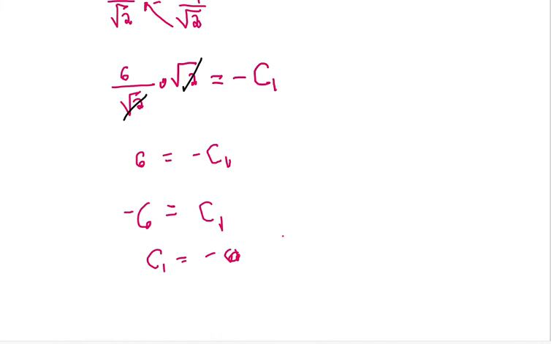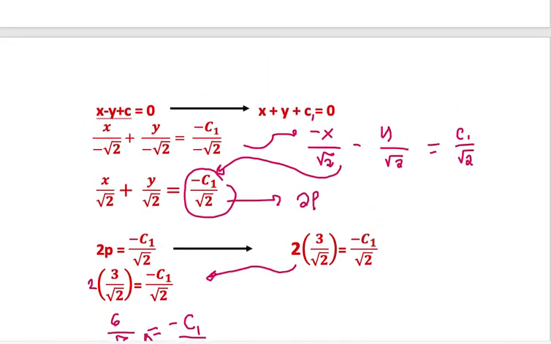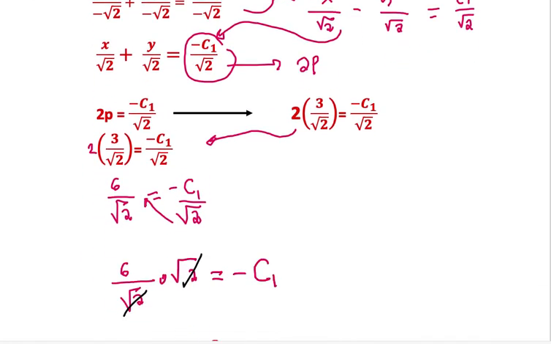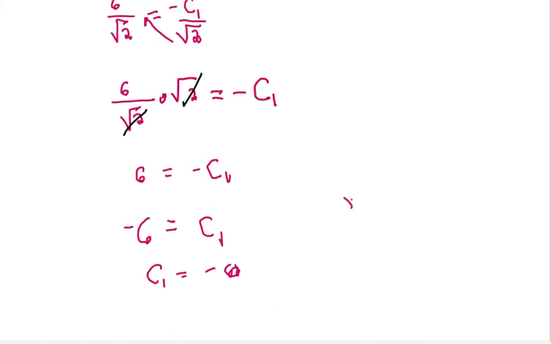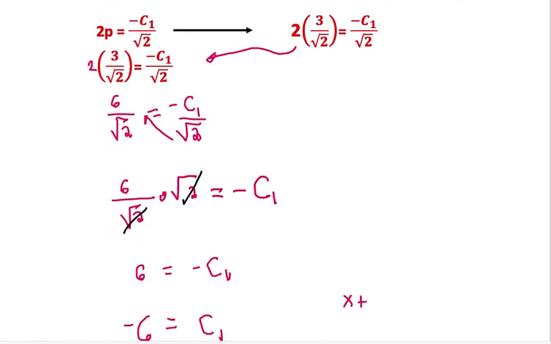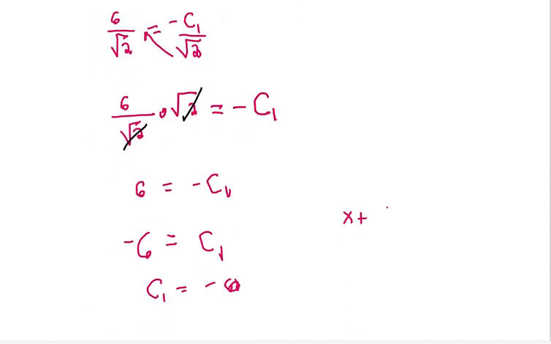Okay, then we are going to make the equation. So our equation now, just replace c sub 1. So we have x plus y minus 6 equals 0. So that is now our equation.